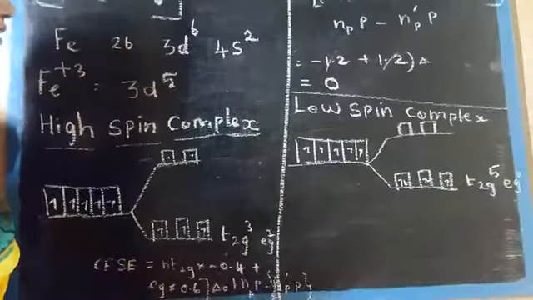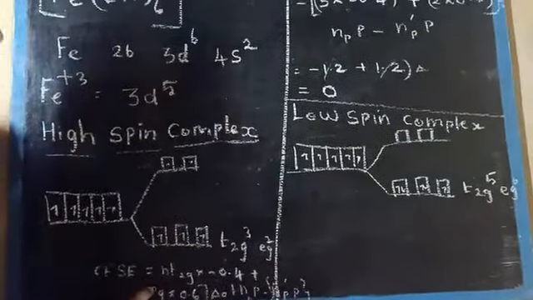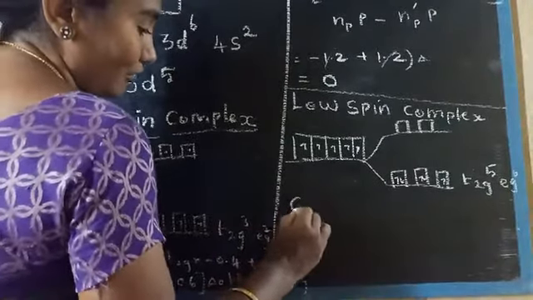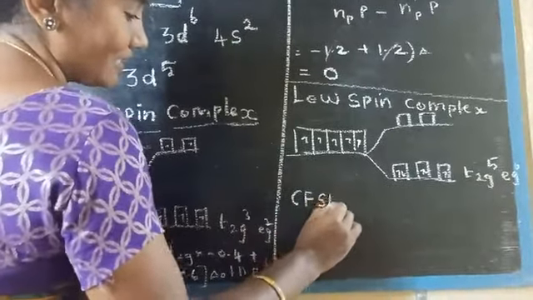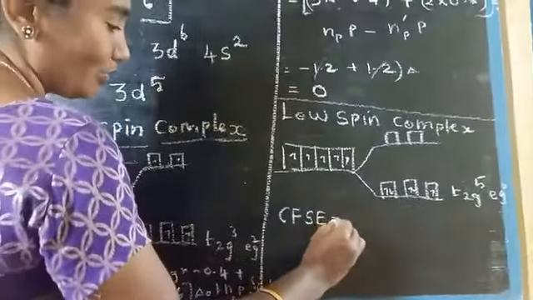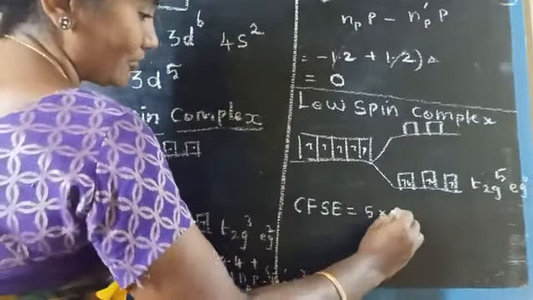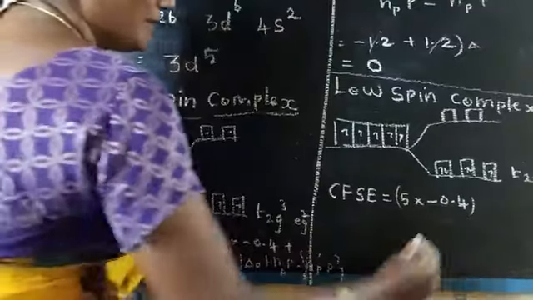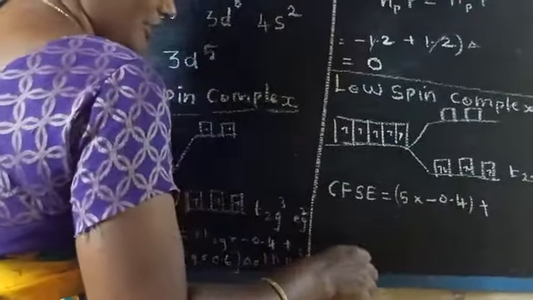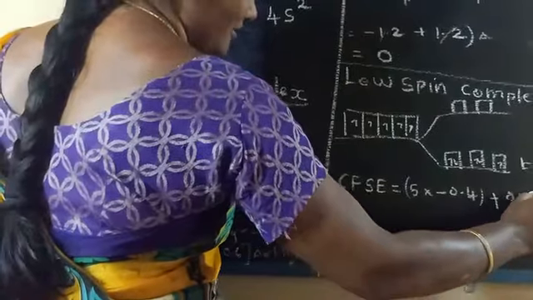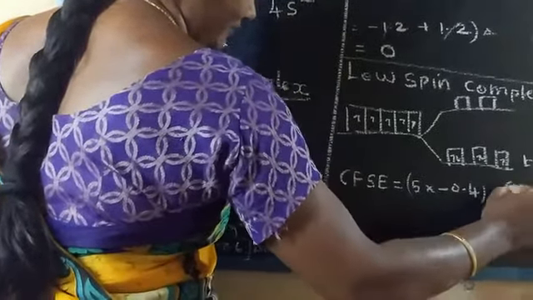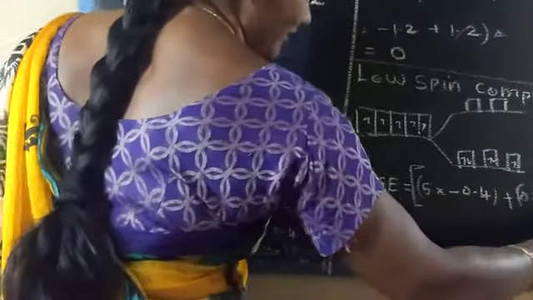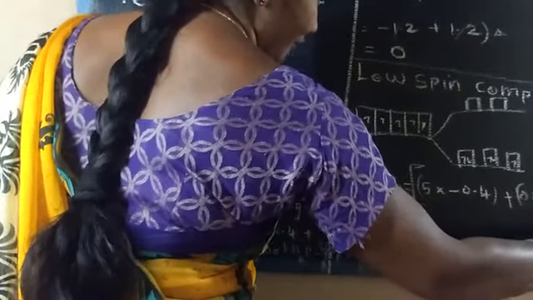Okay, children, now substitute in the formula. T2g, how many electrons? Now find the crystal field stabilization energy, equal to 5 into minus 0.4, plus Eg 0 into 0.6, which is 0. The whole term is multiplied with delta 0.